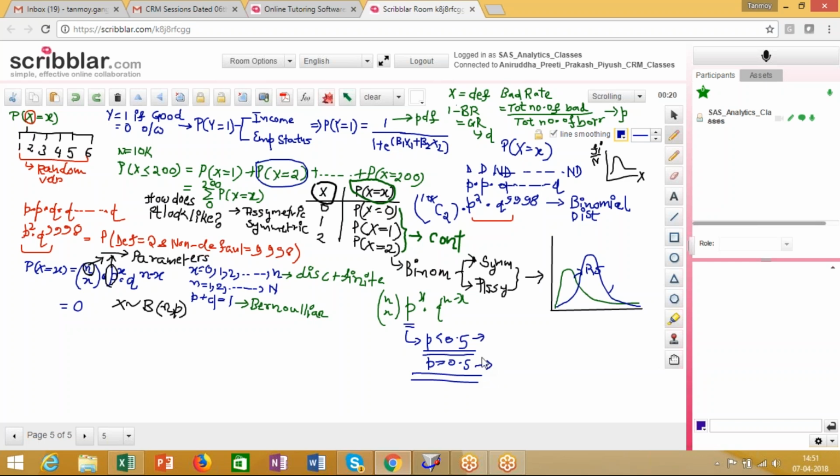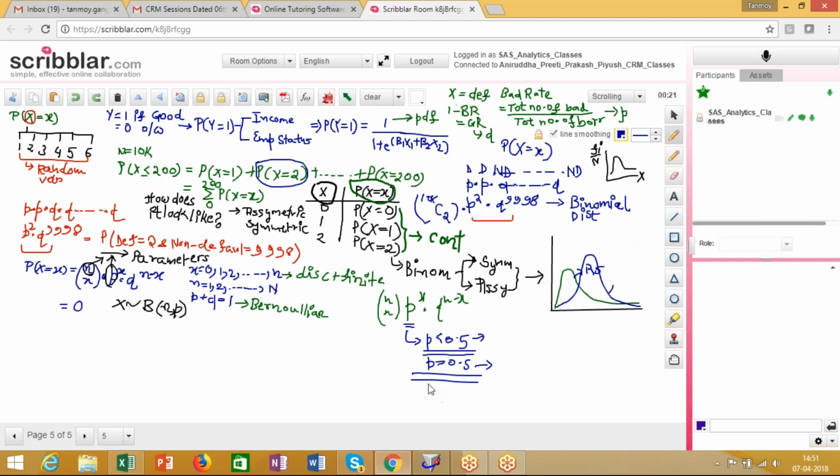So the modal successes and the median successes will all lie towards the middle, and hence your distribution will be symmetric. If the chance of getting one success is 50%, the number of successes that I can get in 100 trials or 1000 trials will be around the middlemost values.